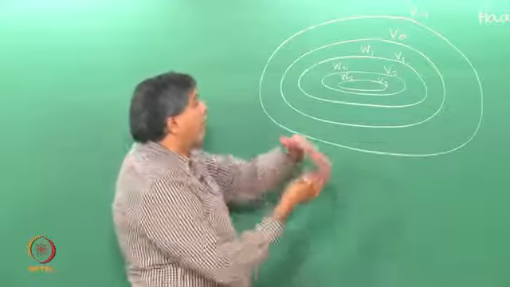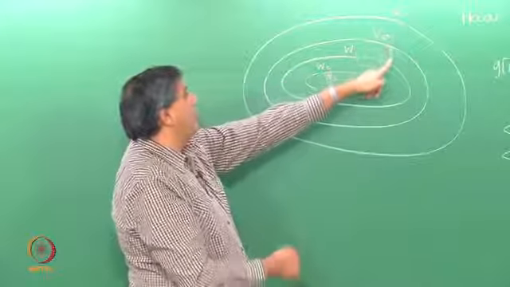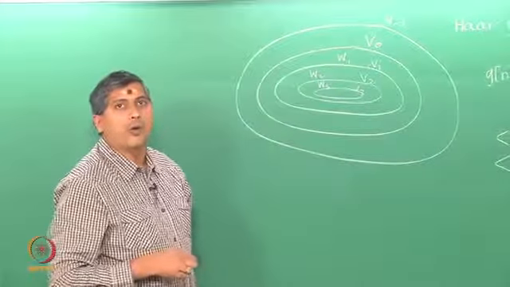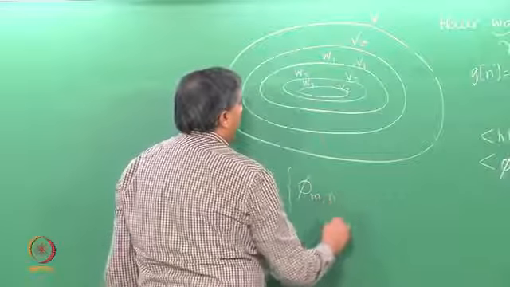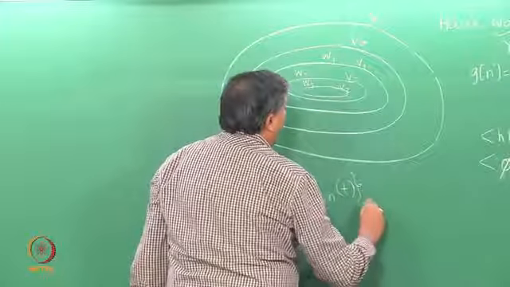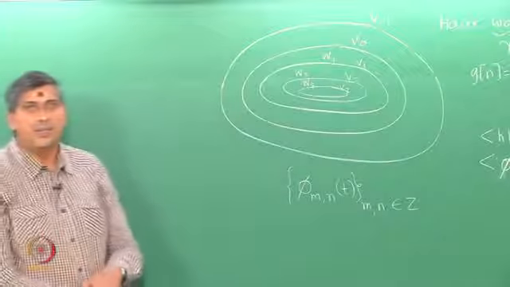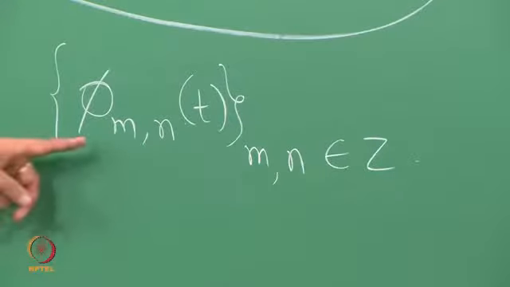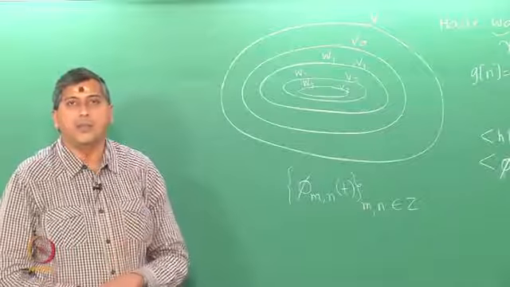If I look at phi m comma n of t for all m, n in the integer set, this family of scaling functions cannot be a basis for the real number space.